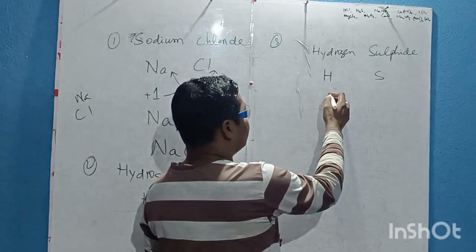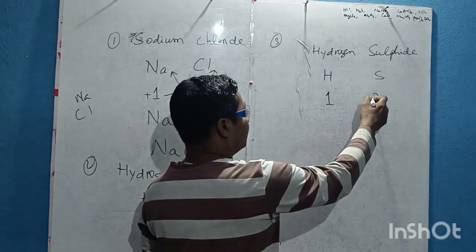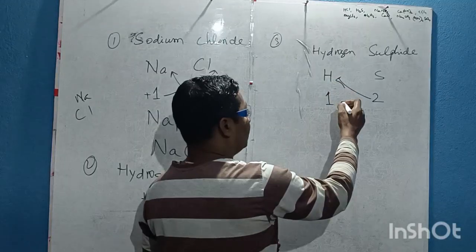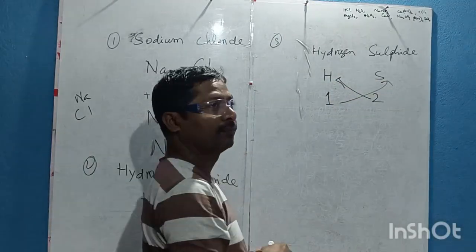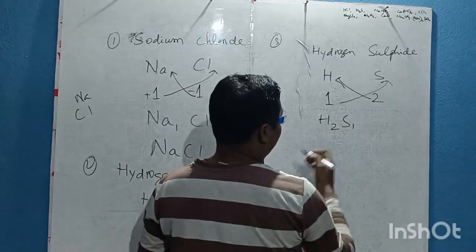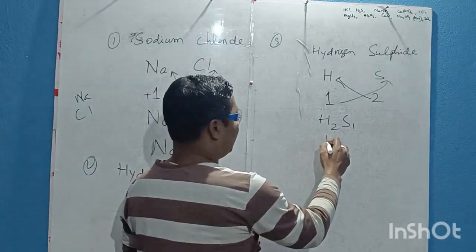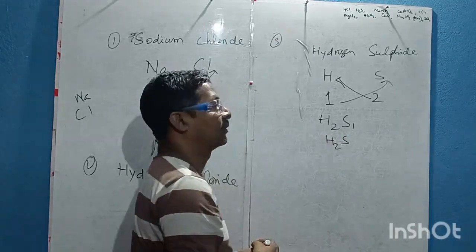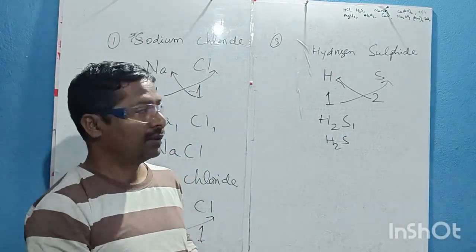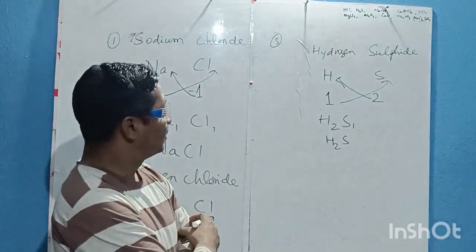So valency of hydrogen is 1, valency of sulfur is 2. So this 2 goes here, this 1 goes here. Now write down H2S1. There is no need of writing 1, so it will be H2S, hydrogen sulfide. That's why the formula for hydrogen sulfide is H2S.